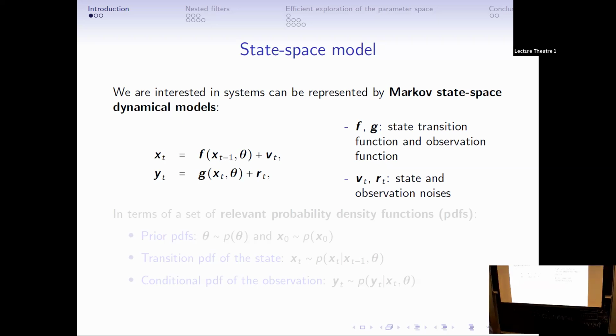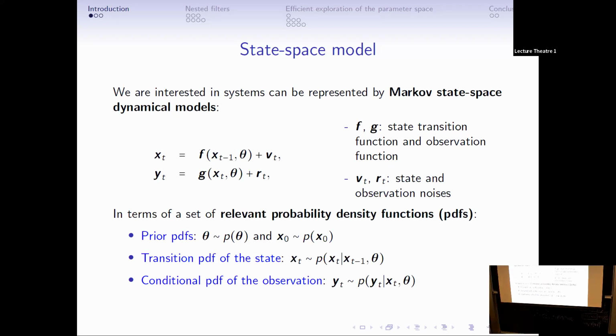Both equations have some additive noise. In terms of distributions or PDFs, we have two prior PDFs, one for the parameters and another for the initial state. We also have a transition PDF for the state and a conditional PDF of the observations. That's what we work with.